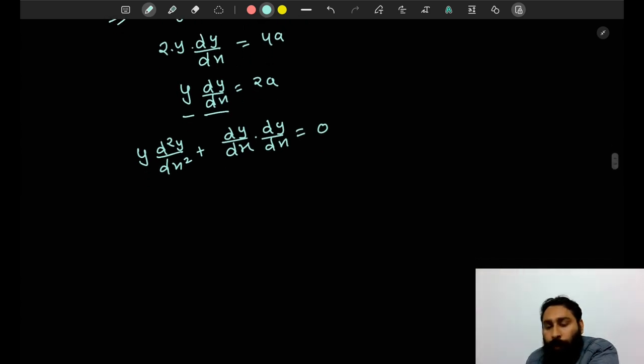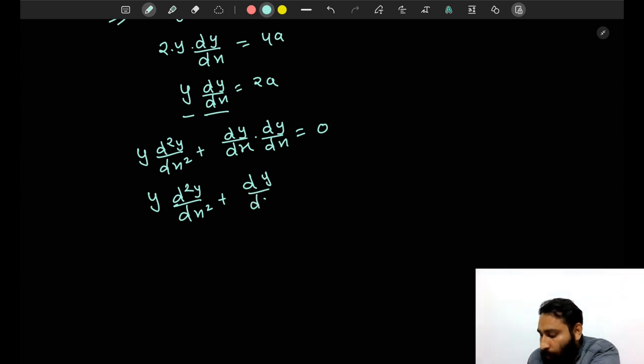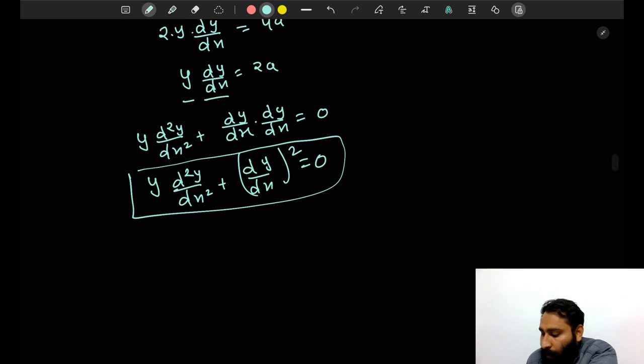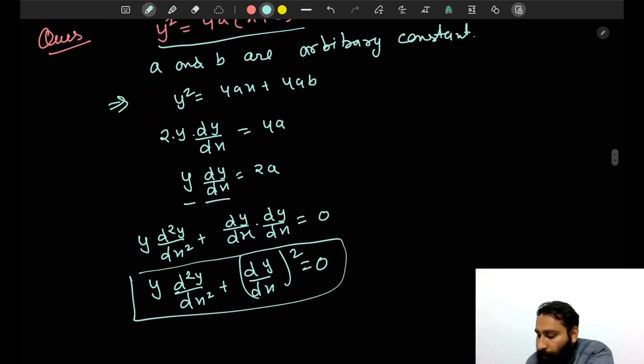The derivative of the constant is 0. So we get y times d²y/dx² plus (dy/dx)² is equal to 0. This is our required differential equation. Okay.